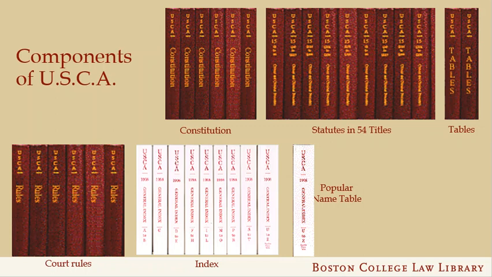USCA and USCS contain court rules. USCA places them at the end of the statutes, but USCS places them after the related statutes. Court rules for some states can be found in their annotated codes, but many states publish their court rules in other places. In print, the main access point to a code will be an index or a popular name table. There are also tables volumes which can be very helpful when you are tracking changes to statutes.